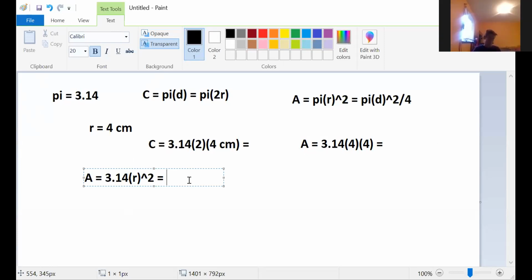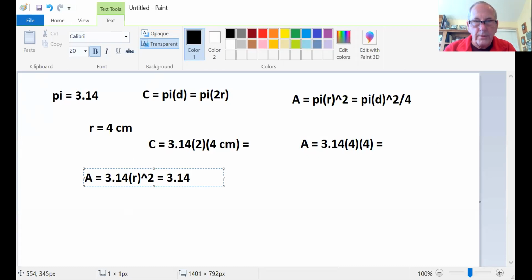So you look at that, and the second one said it's 3.14 times 6 squared, right? That's your answer right there, because that's what B was.